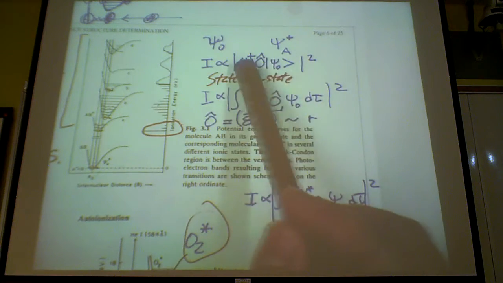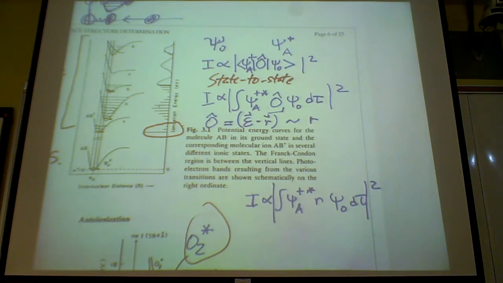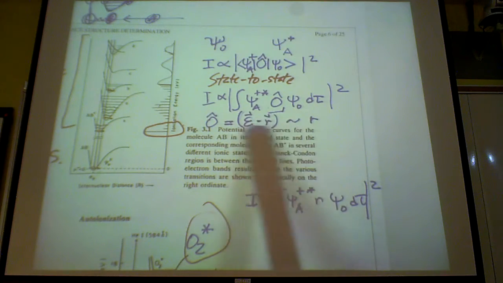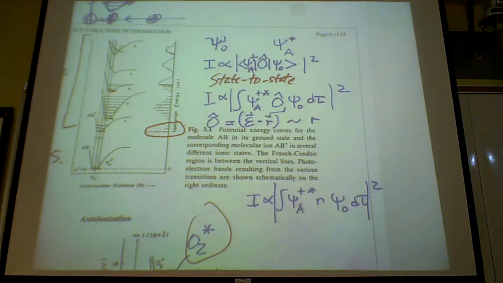And to make this transition, I need some operator. And this operator is, of course, the dipole operator, because I'm sending in my electric field. My photon field is an electromagnetic field, interacting with the dipole in my molecule.